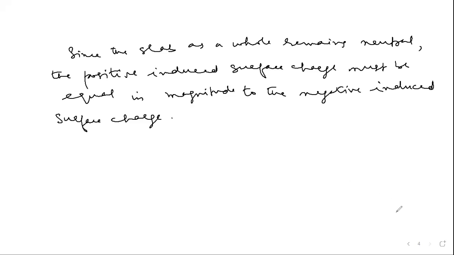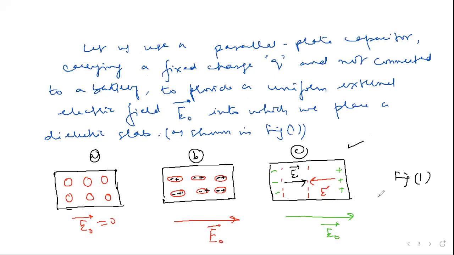Now figure 1c, that is this figure, shows that the induced surface charges, this negative charge and this positive charge, always appear in such a way that the electric field E prime set up by them opposes the external electric field E naught.